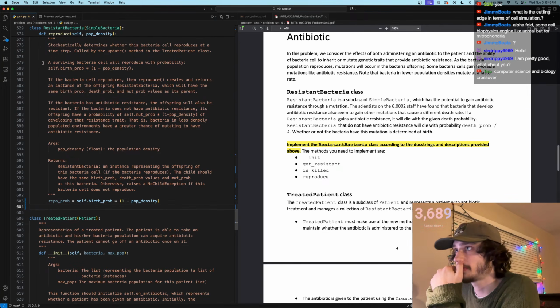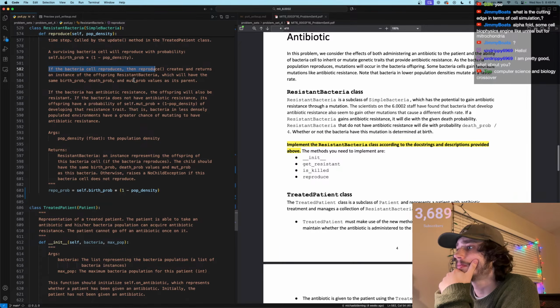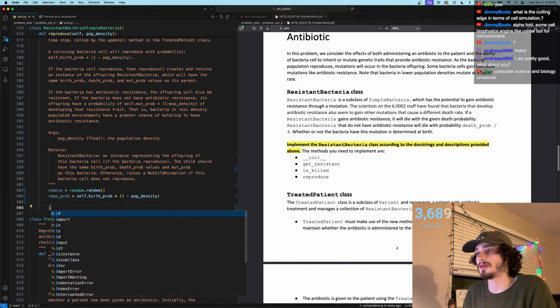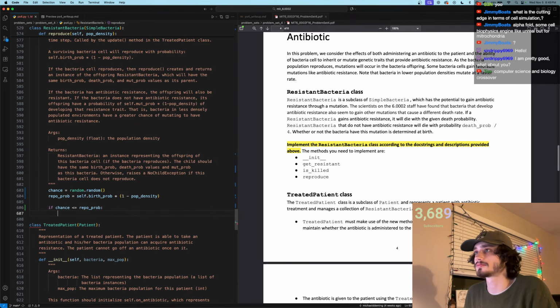So that'll give us the reproduction probability. Then we're going to say chance is equal to random dot random, and we're going to say if chance is less than or equal to our repo probability, right?